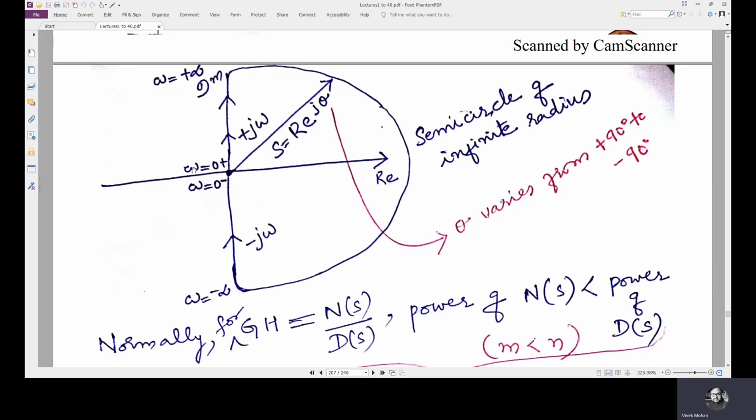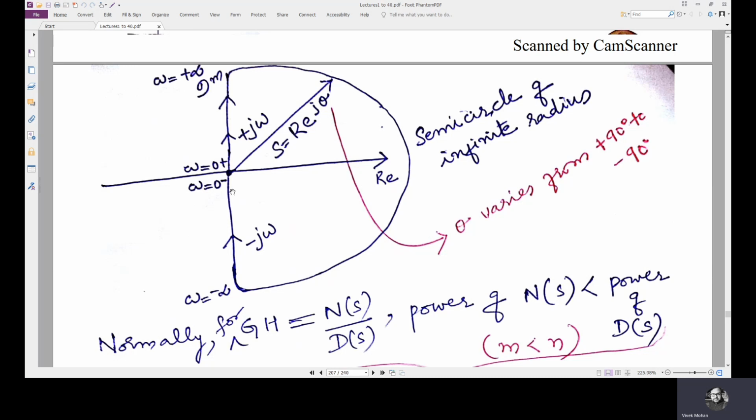So we'll assume it starts from omega equals 0 plus, goes to omega equals plus infinity, then from plus infinity to minus infinity, and to omega equals 0 minus. So initially we are drawing the plot for omega equals 0 plus to omega equals plus infinity.